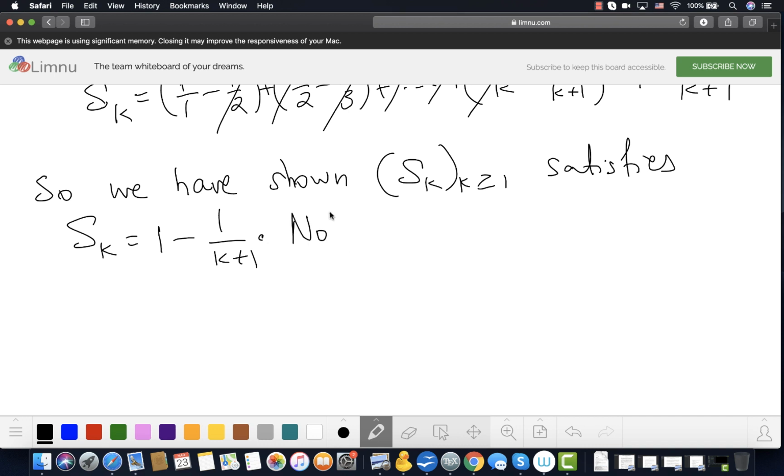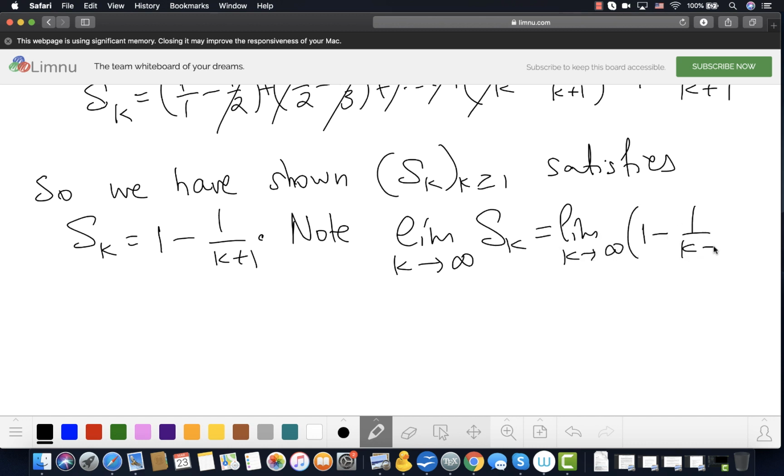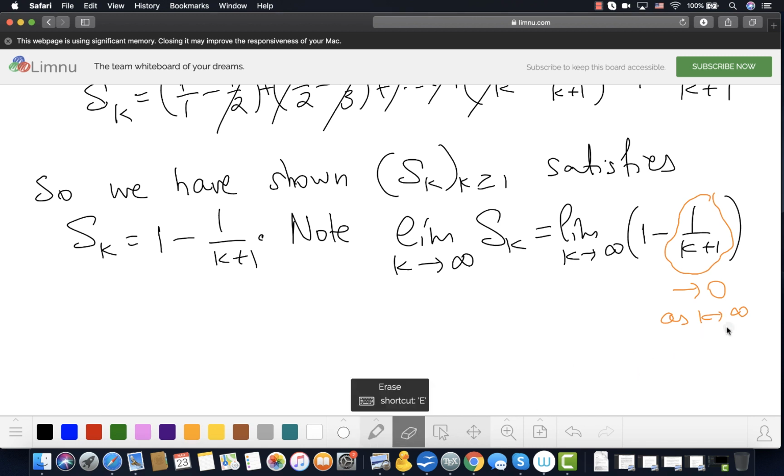And note that this sequence converges. The limit as k goes to infinity of sk is the limit as k goes to infinity of 1 minus 1 divided by k plus 1. Well, this term here goes to 0 as k goes to infinity, because you're dividing by bigger and bigger numbers.